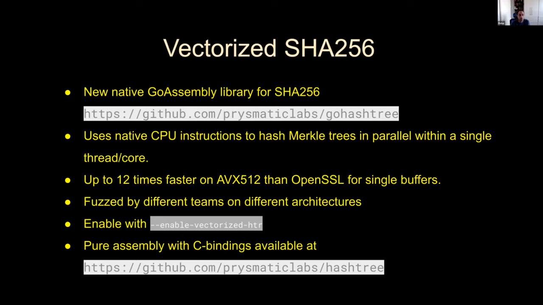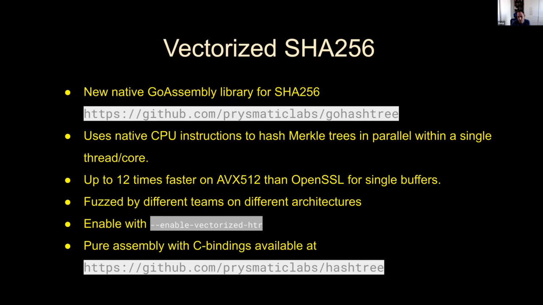And all of the SHA implementations, all of the hashing implementations out there are optimized to hash large buffers, not just 64 bytes, but long buffers. So we just stole that from Bitcoin. We took that and used the optimization of knowing that we're hashing 64 bytes a lot of the time.